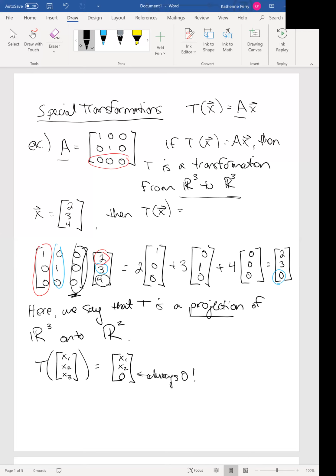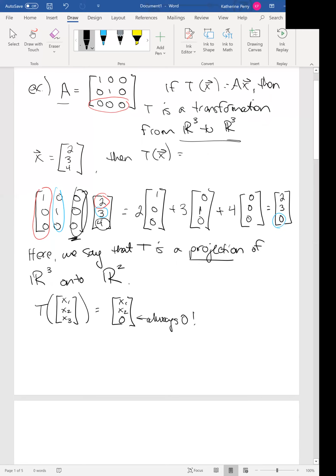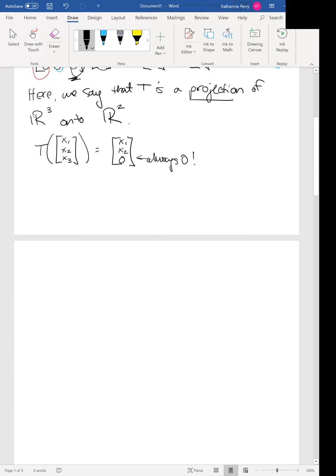Okay, the second type of transformation is what's called a shear transformation.